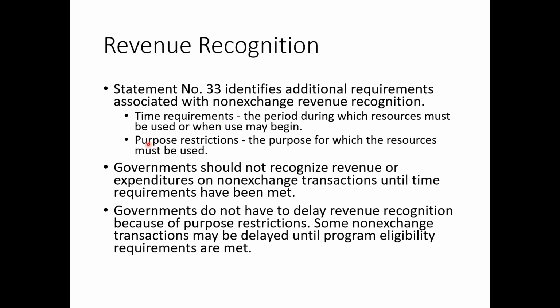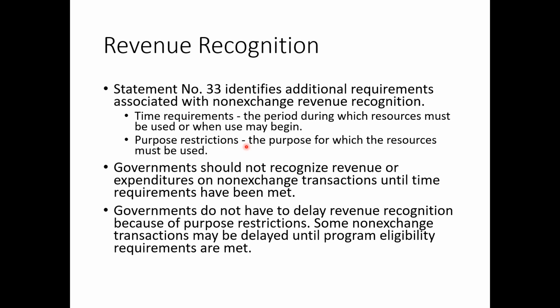This is the time requirement. We also have purpose restrictions, which is the purpose for which the resources must be used. So a lot of times when we receive a grant, we have these purpose restrictions. For example, the grant can only be used to purchase computers or purchase textbooks.